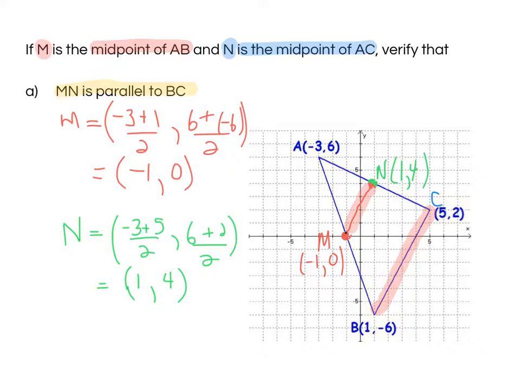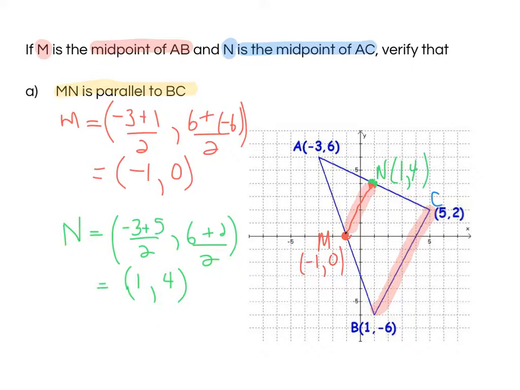So the question becomes, what kind of information am I going to use to help me prove that MN is in fact parallel to BC? Well, I'm hoping that you are thinking about slope, because I don't need the equation of the line, but I do know that if they are parallel, their slopes should be equal.